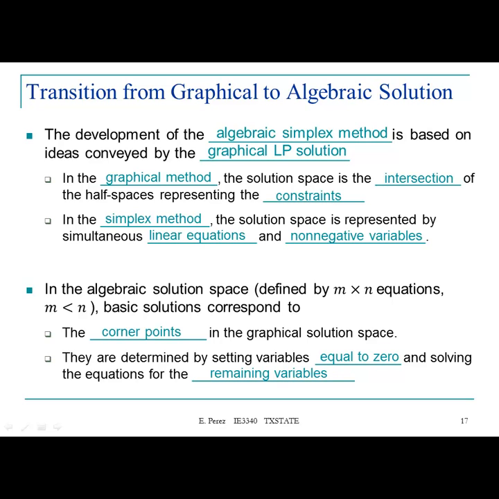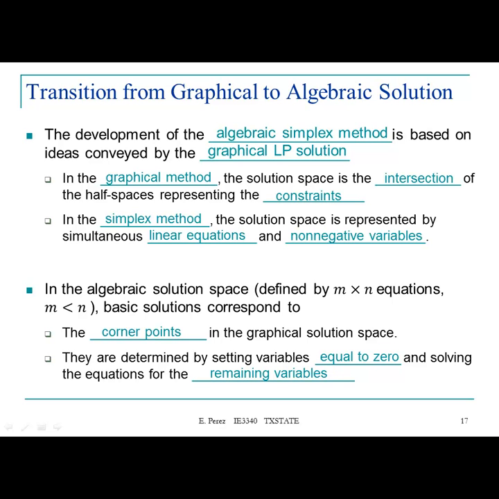Unless we have an isoprofit line, and when you move that line, it's parallel to one of the sides of the feasible region. In that case, the optimal solution will be any of the solutions on that line.